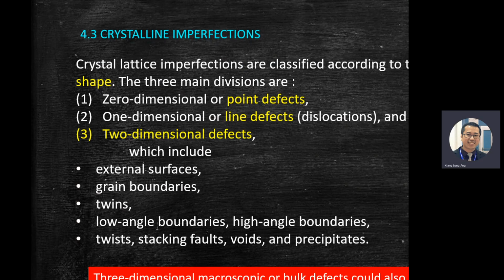Second one is 1-dimensional or line defect, or dislocation. What do I mean by line? A line consists of many dots, right? Then it becomes a line. So it's an upgrade of your point defect.